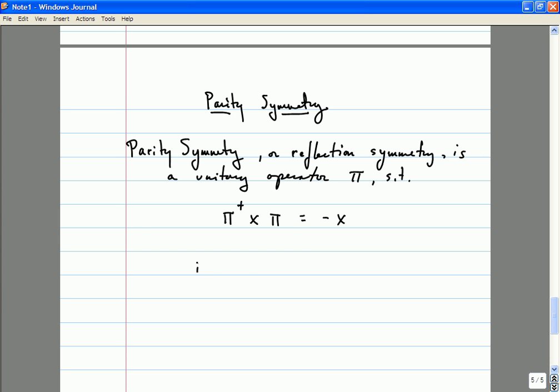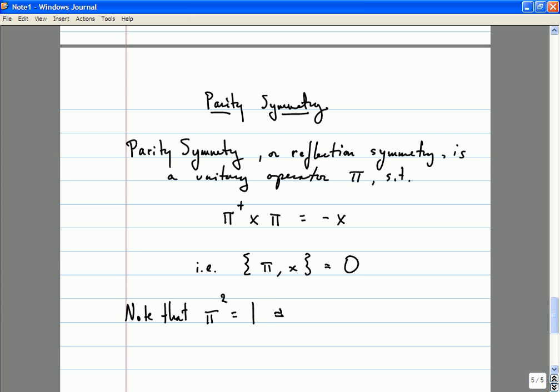Or, rewriting this, the anti-commutator of pi with x is equal to 0. Pi x plus x pi is equal to 0. And note that pi necessarily squares to 1, because you reflect twice and you get back to the same point that you started at.